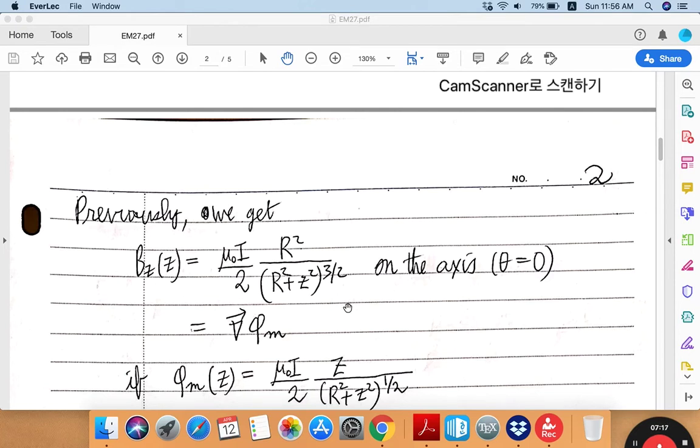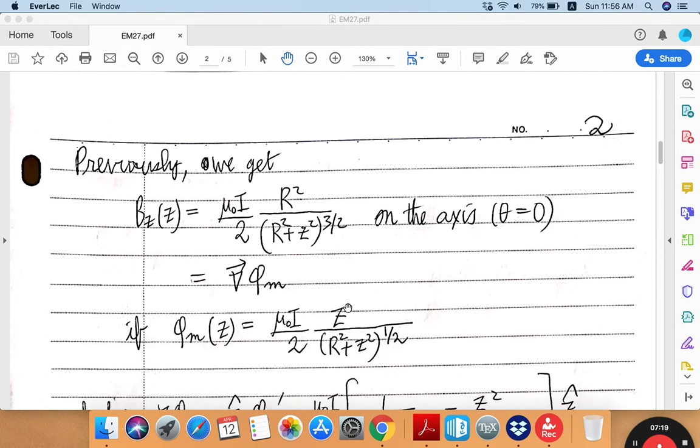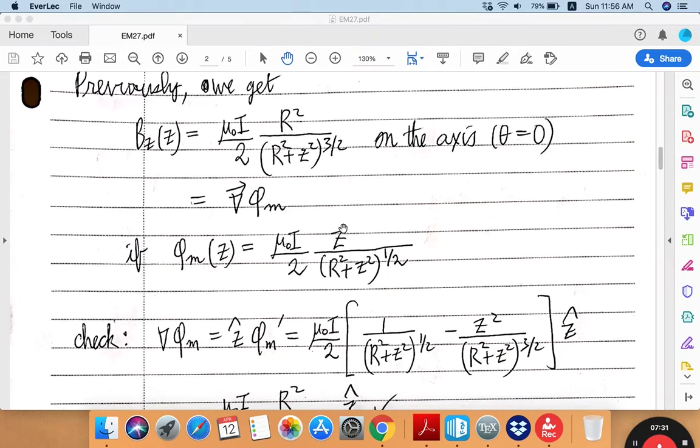And according to our new suggestion to express the magnetic field as the gradient of some magnetic scalar potential, this function should be expressible in terms of its corresponding magnetic potential.